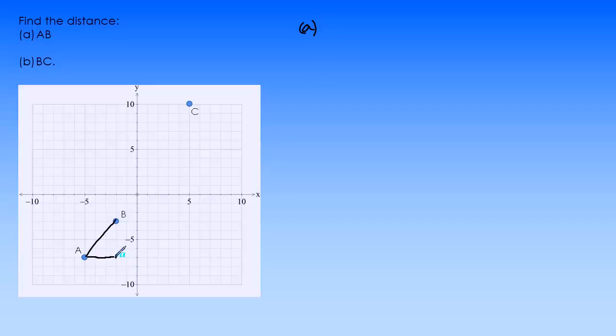So form a right-angled triangle, and I can see that's 3 units across, and 4 units up, and we want D. So D squared is going to be 3 squared add 4 squared, which is 9 and 16, which is 25. So D is going to be the square root of 25, and that gives me 5 units.